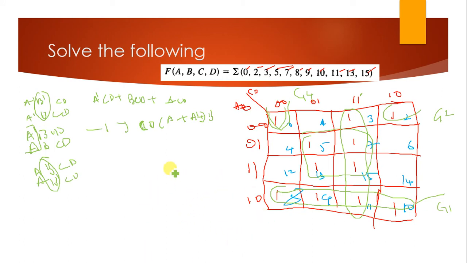So the output equation will remain C, D, B dash, C, D.